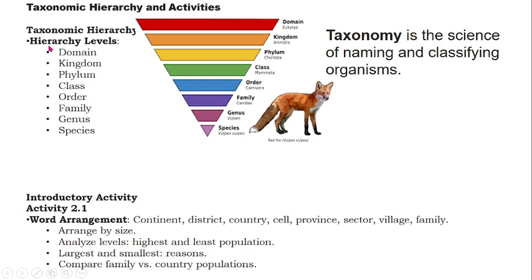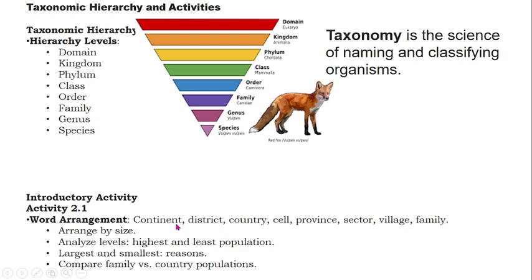By using these levels, we can know which animal we are talking about. After classifying an organism based on those levels, we are able to say this is Homo sapiens, not a pig.